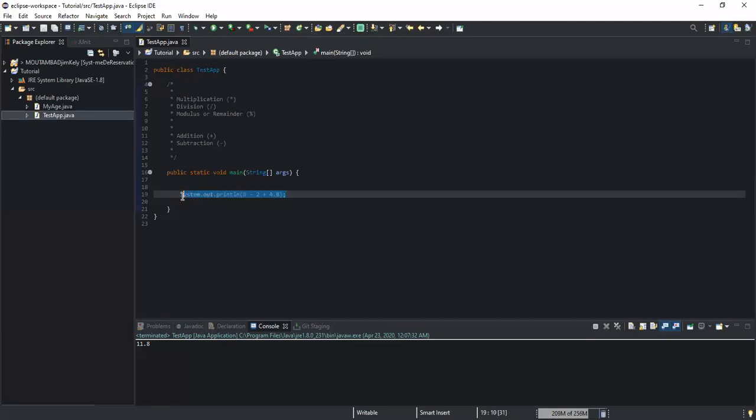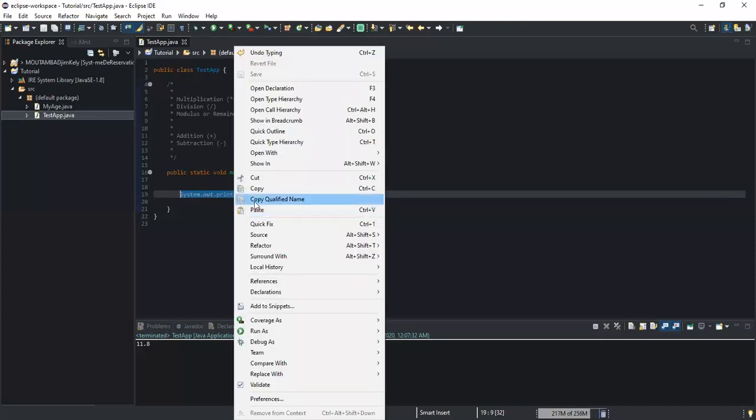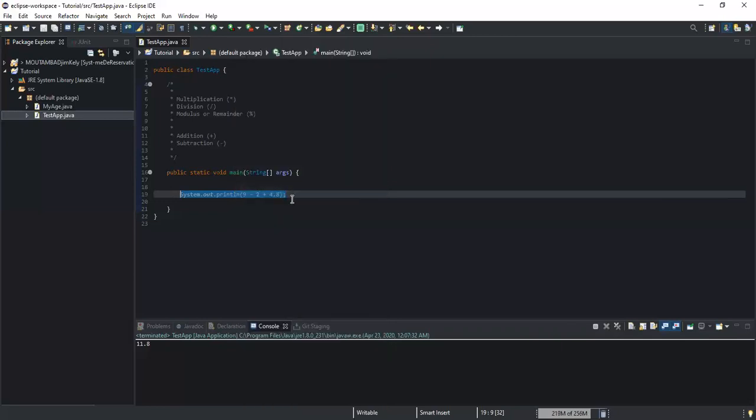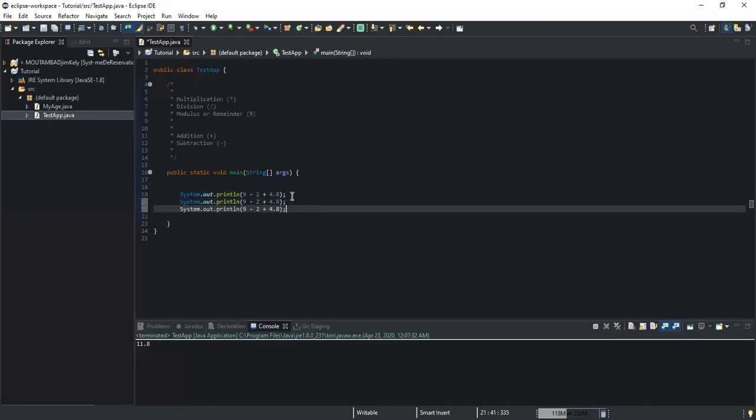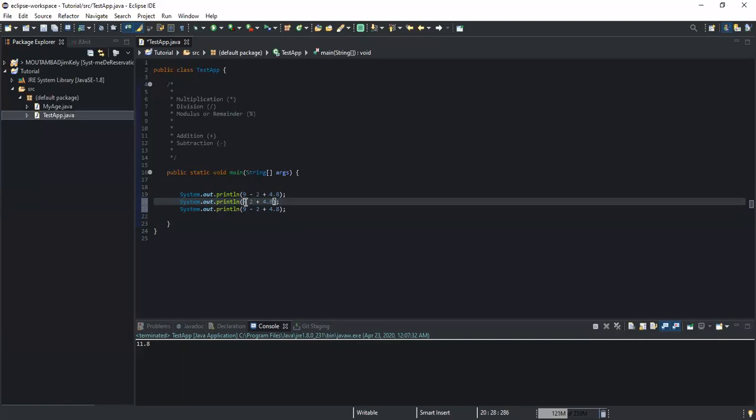So we can have multiple expressions where we mix integers and floating point numbers, and you will definitely see that the result is going to be floating point numbers.